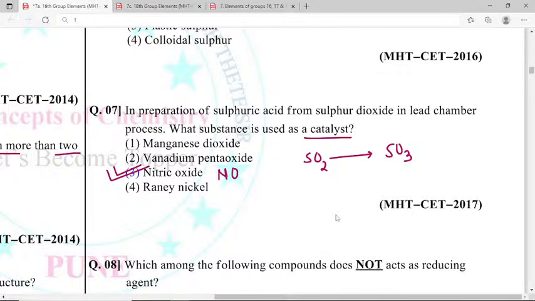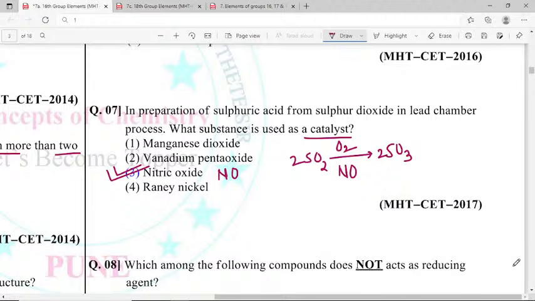This is done by using oxygen O2, by using nitric oxide as a catalyst. Always remember nitric oxide in the lead chamber process.